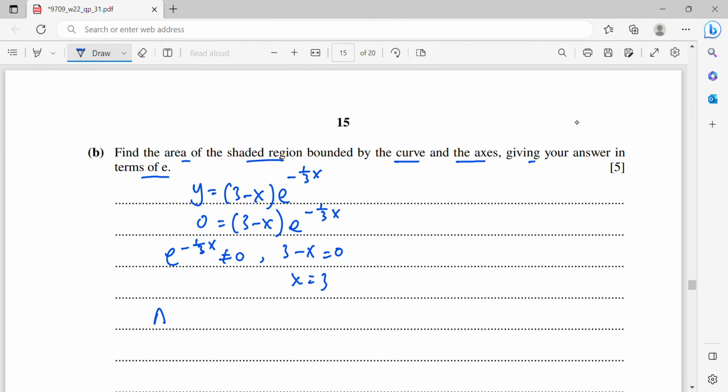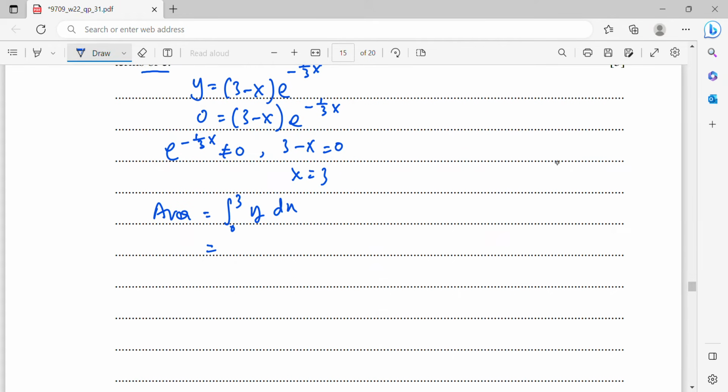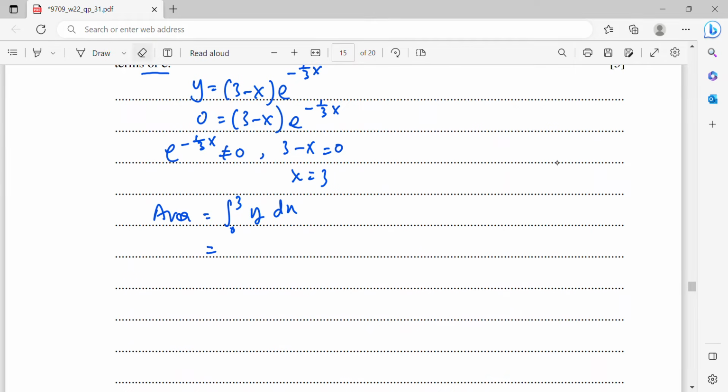So area equals to integral from 0 to 3 of y dx, so here 0 to 3, 3 minus x times exponential. When we need to integrate this, you will notice that it is a product of two terms. The first is 3 minus x, the second is the exponential. Therefore, we need to apply integration by parts.